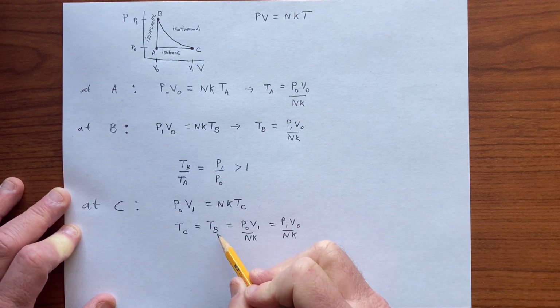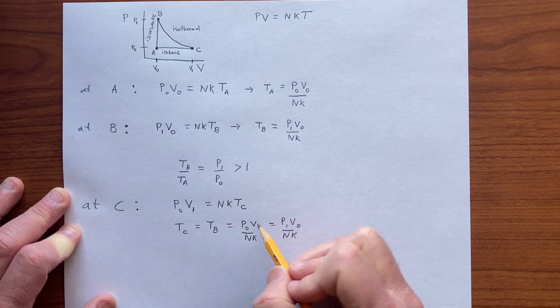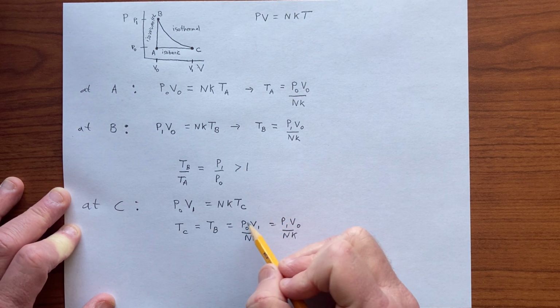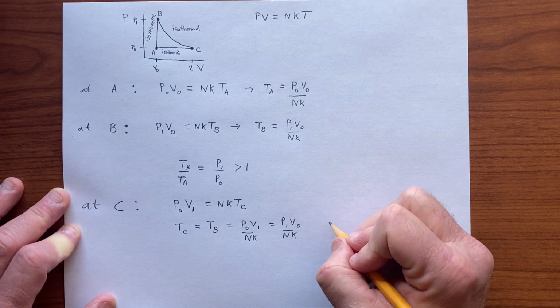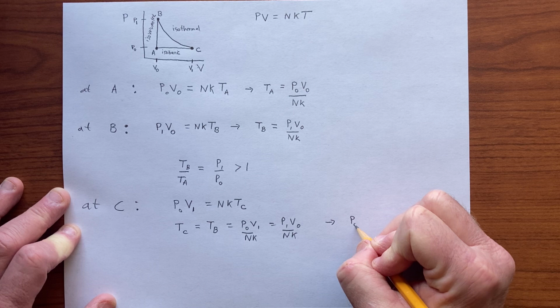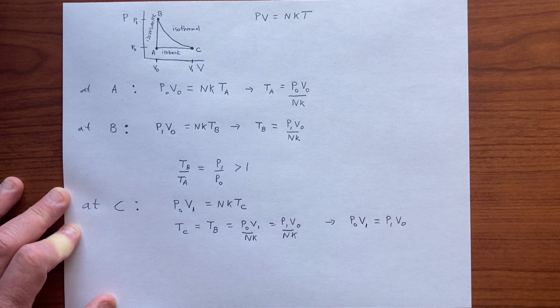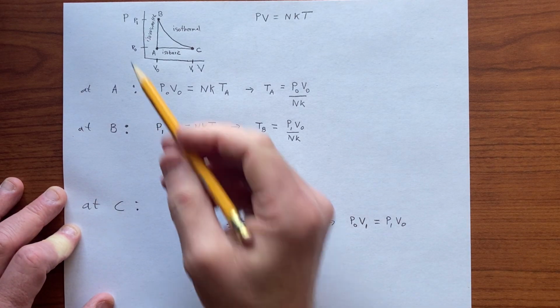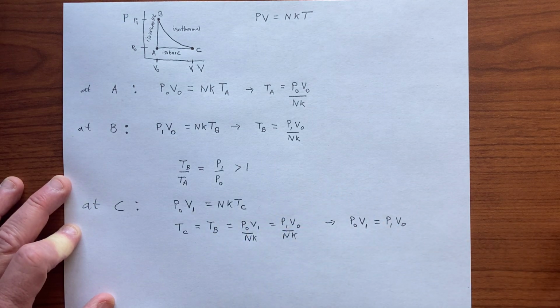Because TB is this, and so TC, which must be this by the ideal gas law, is equal to that. And so what follows from this is that P naught V1 is equal to P1 V naught. Okay, so at A, B, and C, we get these various quantities from the ideal gas law.